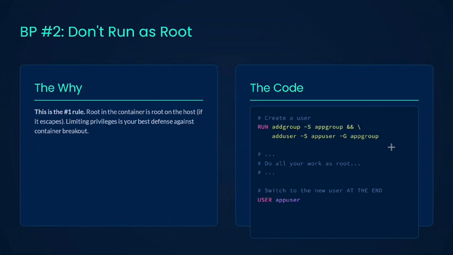Create a dedicated unprivileged user. You use RUN to add a new group and user, and then at the very end of your Dockerfile, you use the USER instruction to switch to that user. This single line dramatically reduces your risk.